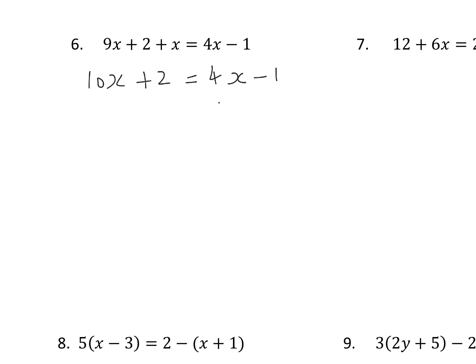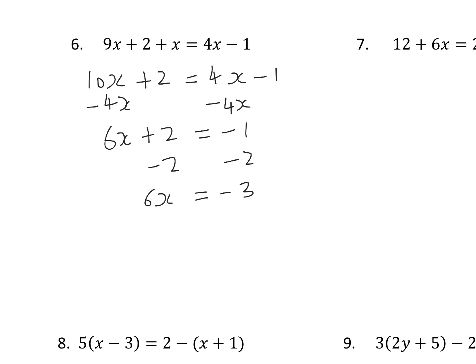So get rid of the small number of x's, take 4x from both sides, and you get 6x plus 2 equals minus 1. Take 2 from both sides, and you get 6x equals minus 3. And then divide by the number of x's. Divide minus 3 by minus 6, and you get minus 3/6, or minus a half.